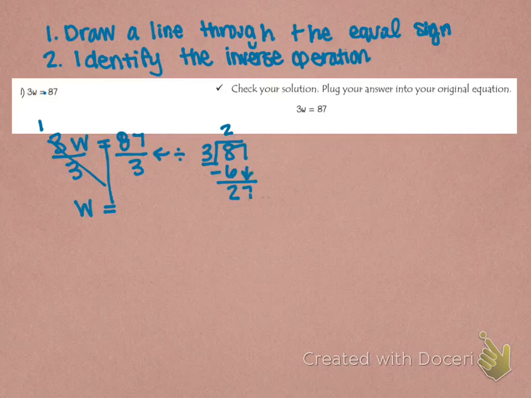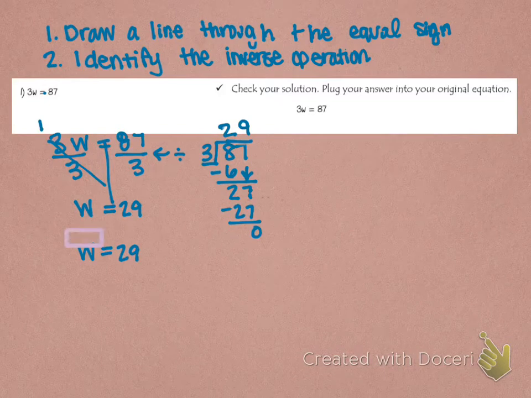Bring our 7 down, and 3 goes into 27, I'm sorry, 9 times. 9 times 3 is 27. So our answer is 29. W equals 29, and we want to box our answer.